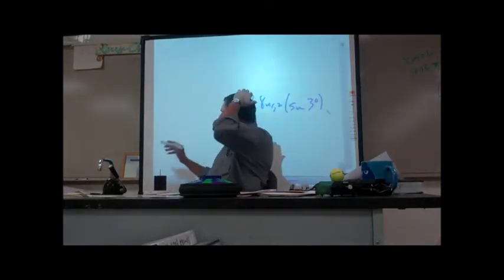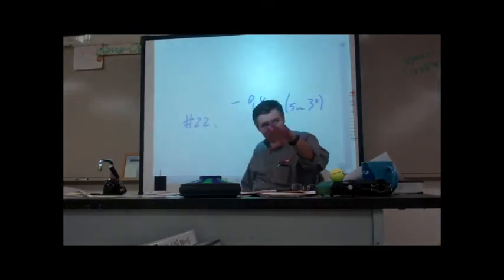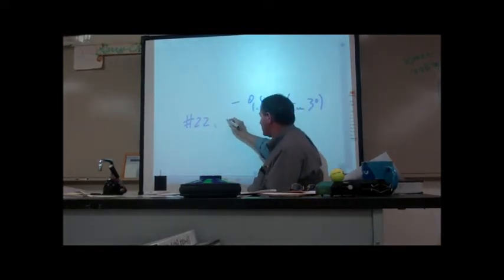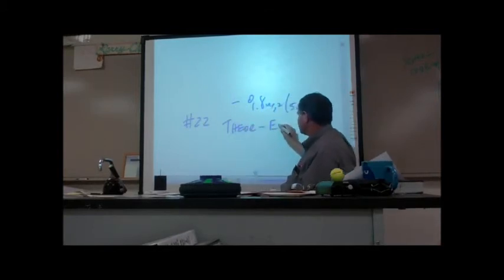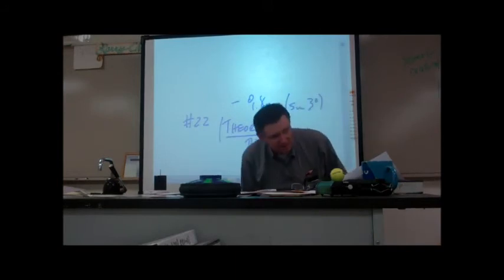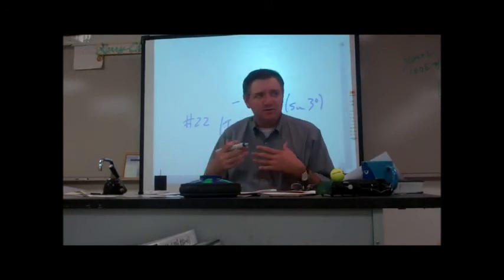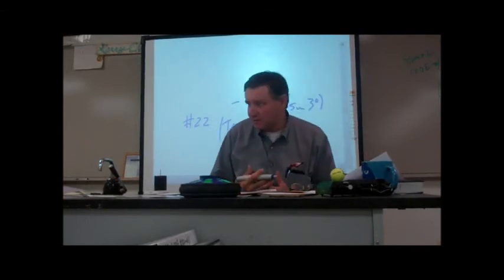So when you do question number 22, if you don't remember how to calculate experimental error, remember it's your theoretical minus your experimental divided by your theoretical times 100. Okay? And this is like an absolute value thing. Okay? So it's never negative.